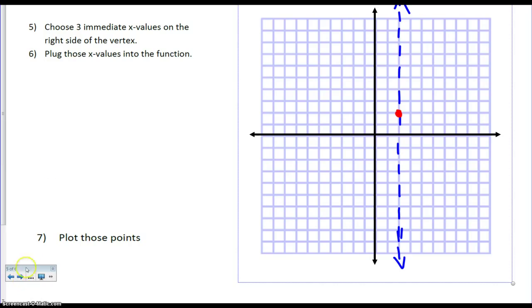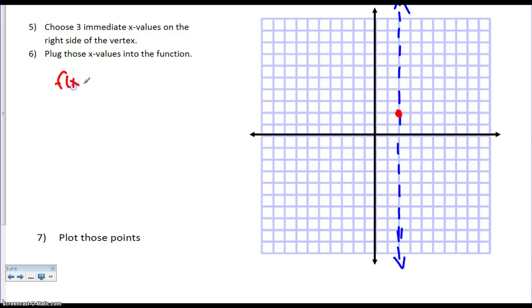Now, what we're going to do is plug in 3 immediate x values to the right of my vertex. So my original function is f of x equals negative x squared plus 4 times x minus 2. So what does that mean? I'm going to make a table of values.